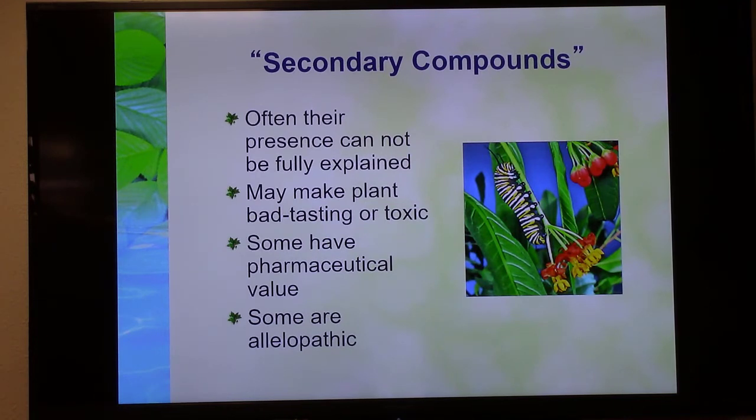Where does aspirin come from? Willow. Black willow. Yeah. We know a lot, and all over the world, we have a tradition of using plants for medicines. Some of them actually work, some don't.